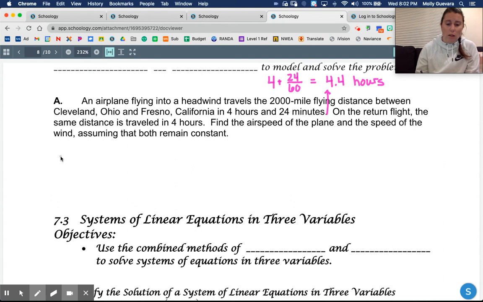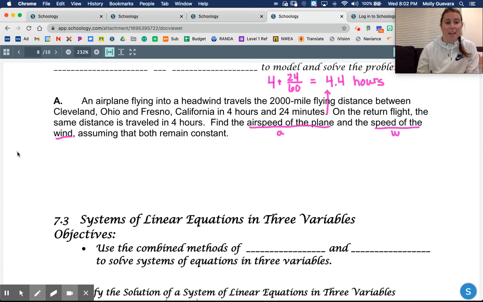So there's two things that it's asking me to find. The airspeed of the plane, which I'm going to call A, and then the speed of the wind, which I'm going to call W, wind. So airspeed is A, and wind is W. So let's look. It obviously took more time to go from Cleveland to Fresno.